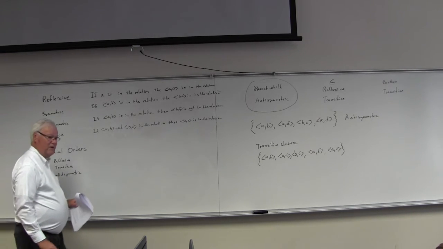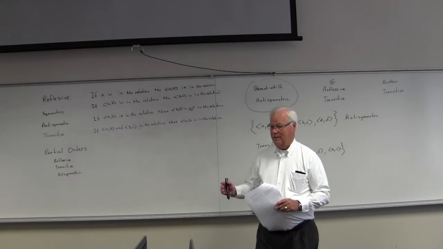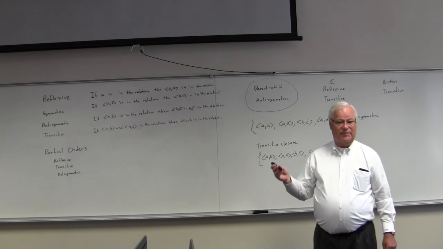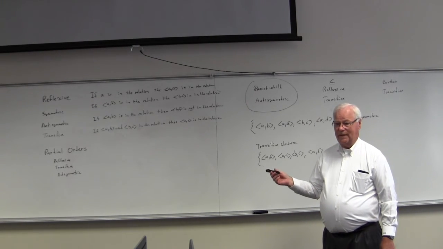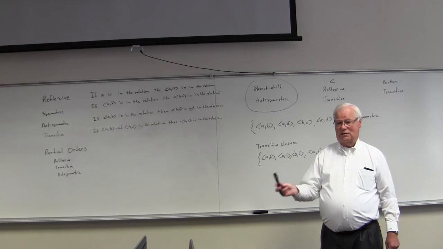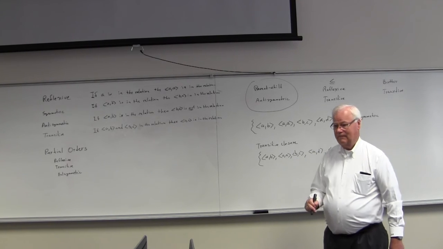And the best example of this is if you're in the line at a checkout counter, like at Walmart. That line is a partial order. You are where you are in the place in the line, right? So that makes it reflexive. Everybody is where they are.